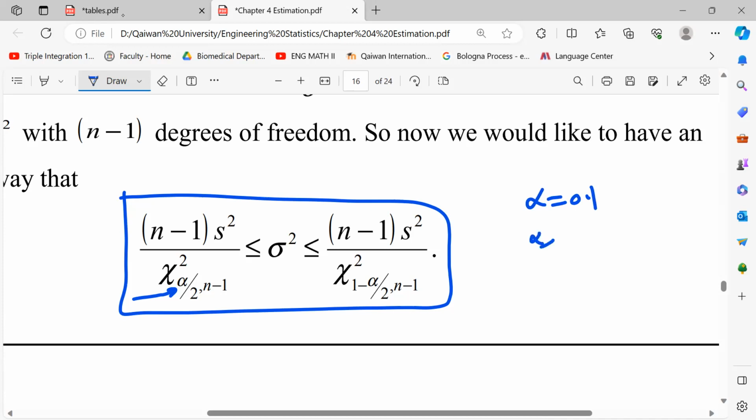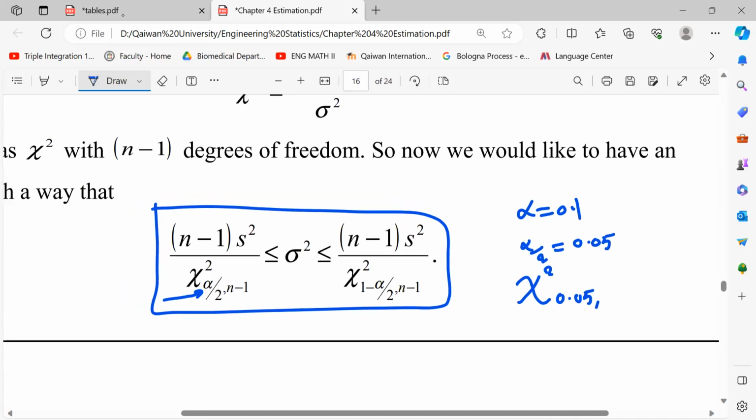How about alpha over 2? Alpha over 2 is 0.05. What's the chi-squared of 0.05 and n minus 1? Let's say we have 20 samples. 20 minus 1 is 19. Let's find this one in the table.